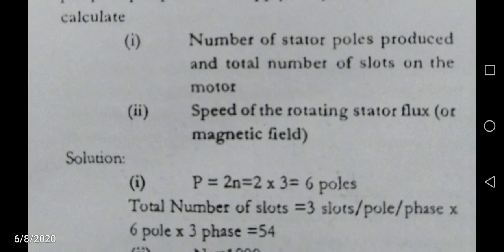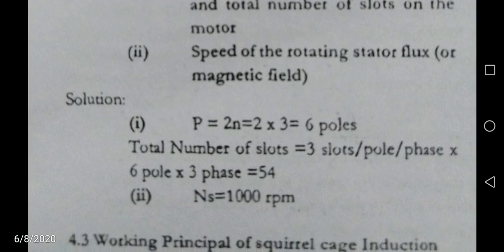So the number of poles equals 2 into n, where n is the number of slots, which is 3. So the number of poles equals 6 poles.